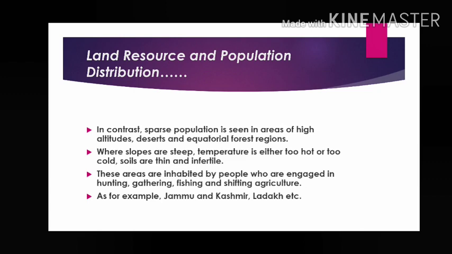What is the reason? If you are thinking about Himalayan mountain region, slopes are very steep, that is one problem. Temperature is very low for Himalaya, but if it is desert, temperature is very hot. Another thing, soils are thin, because in the Himalayan mountainous region the slope is very steep, that's why soil erosion is more, and the soil layer is very thin.